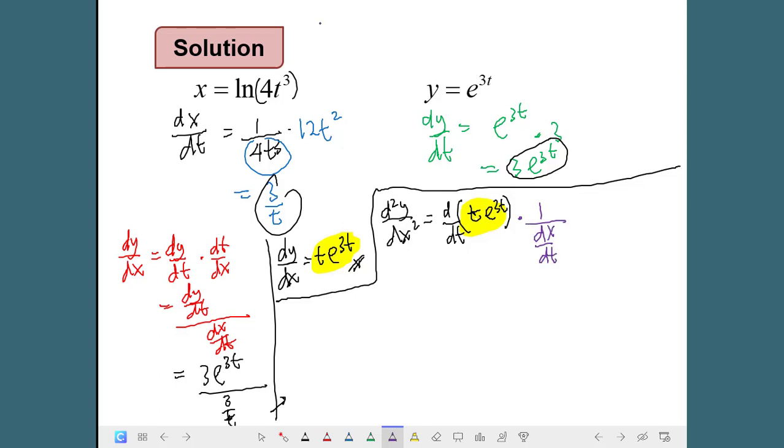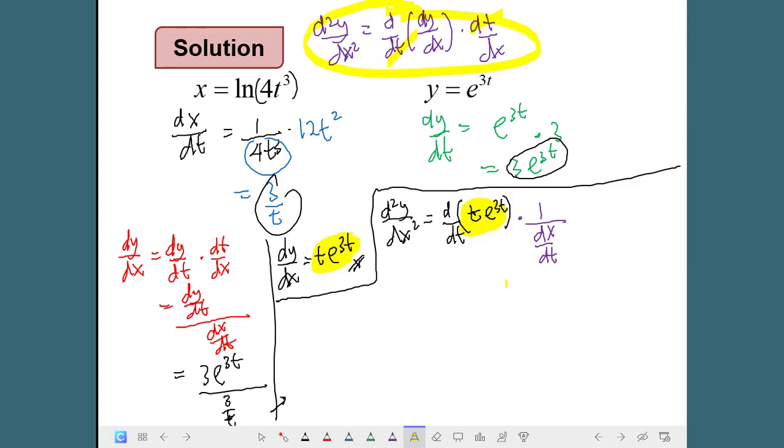Because the formula is d2y/dx squared equals the derivative of dy/dx with respect to t times dt/dx. If you cancel, you get the same d2y/dx squared. Next, you need to differentiate this, t times e^(3t).